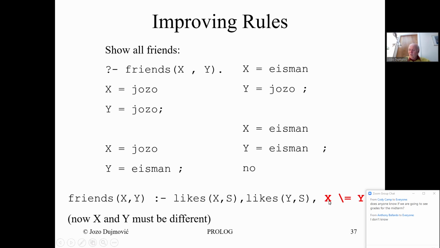So what do you think? Would it be possible to put this X different from Y as the first goal here? So friends are X and Y, if X and Y are different and X likes something and Y likes something. Do you see any reason why this is okay or not okay?